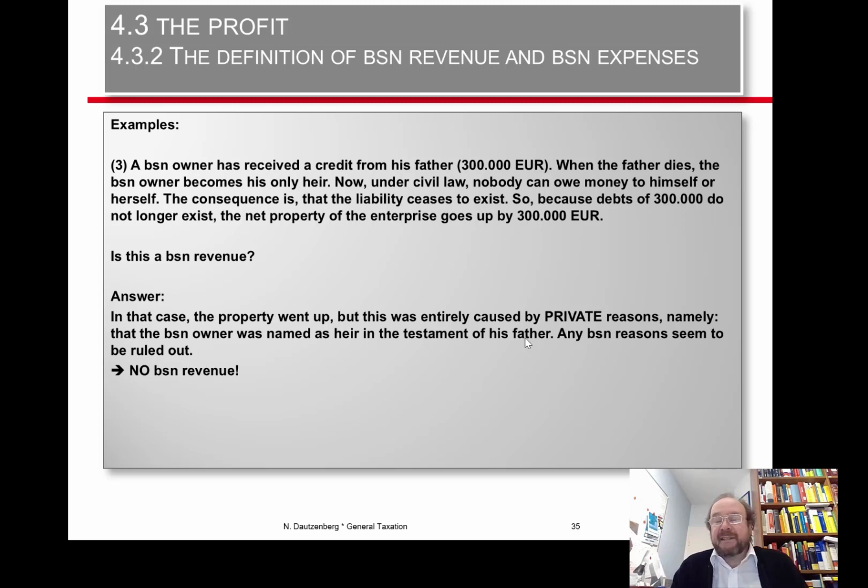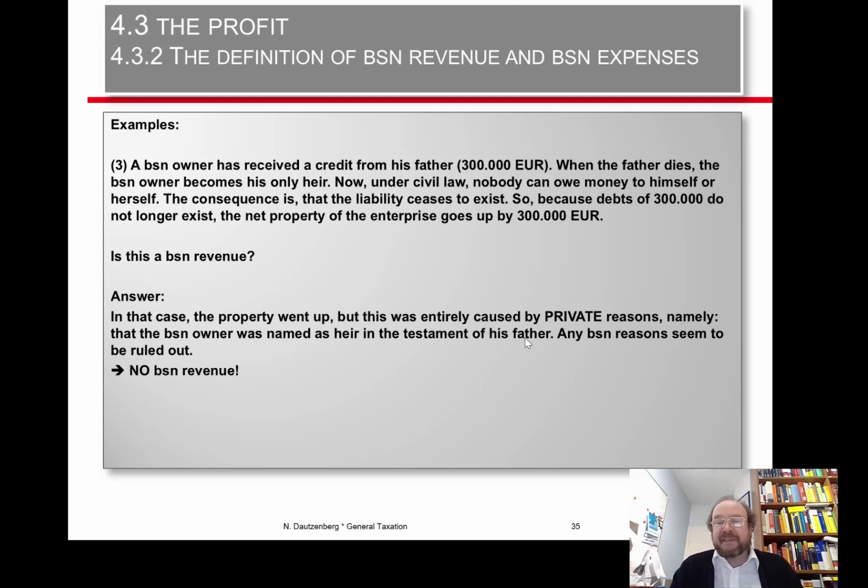As he inherited the claim from his father that the credit must be paid back, and he is also the person indebted, the two things clash and vanish into nowhere. There is no longer a credit debt, so you have to remove it from the balance sheet. So your net property goes up. All you have minus less debts than last year, so net property goes up.